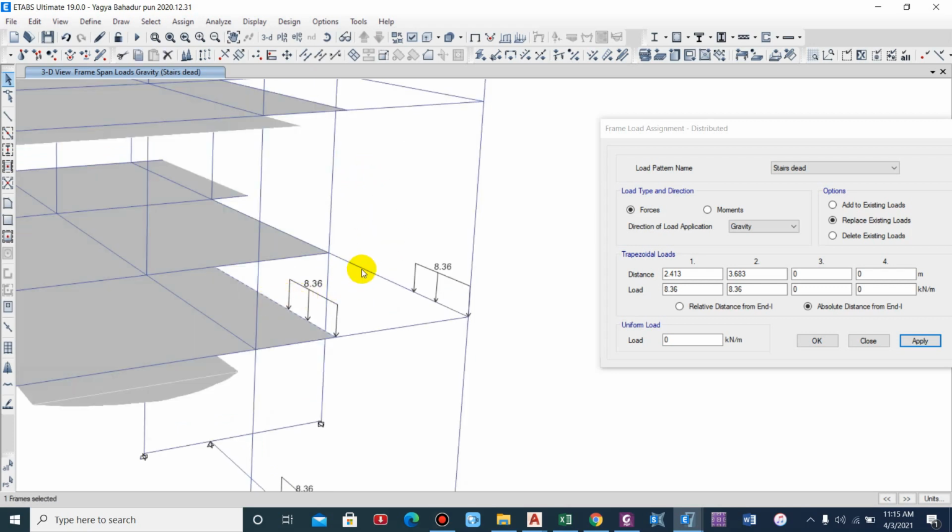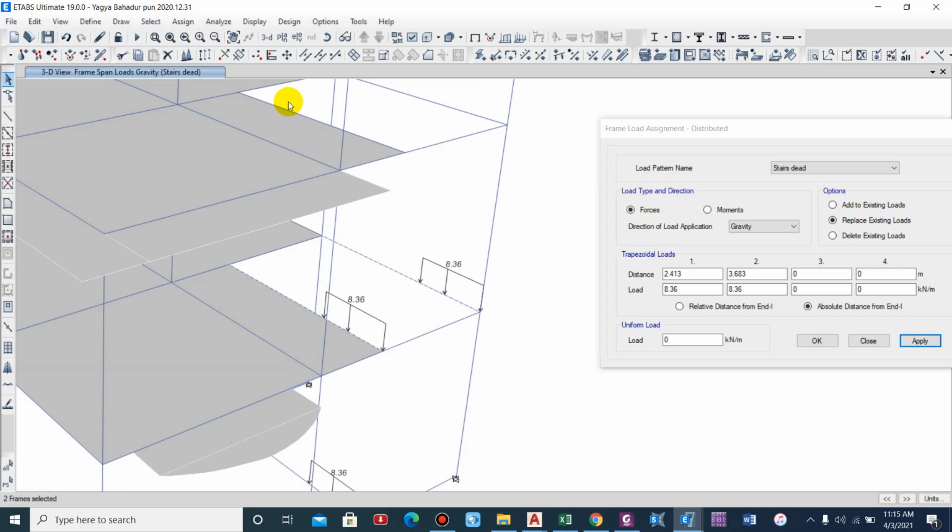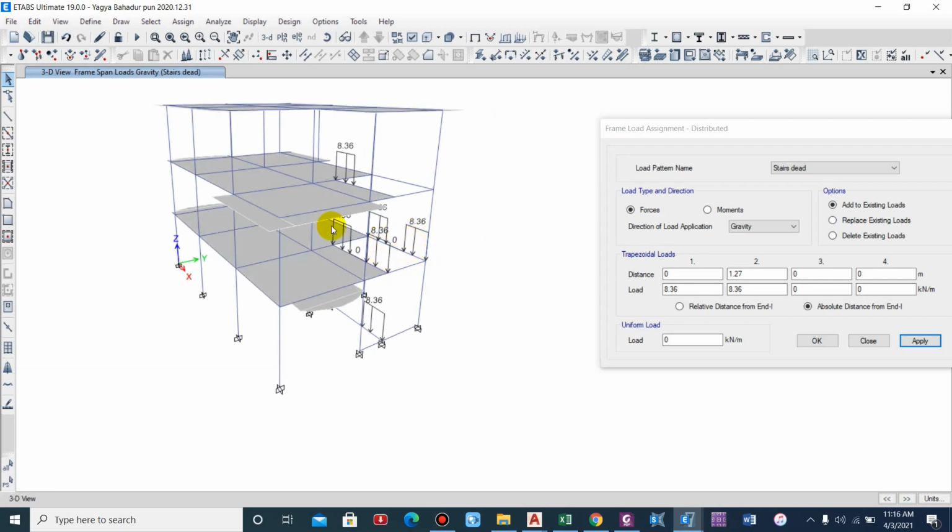Now for this and this and this as well, we can do 0, 1.27 and apply. We have to do add to existing load. So this is for the main flight, that is the first flight and the third flight.